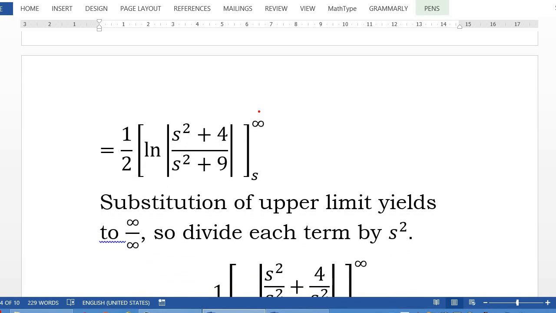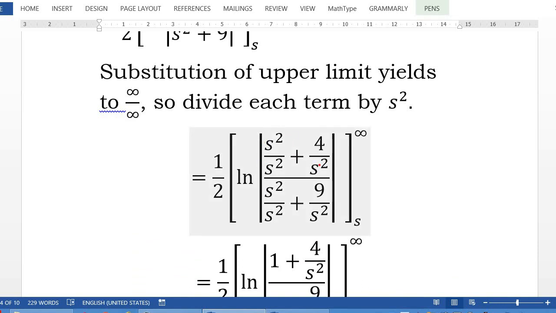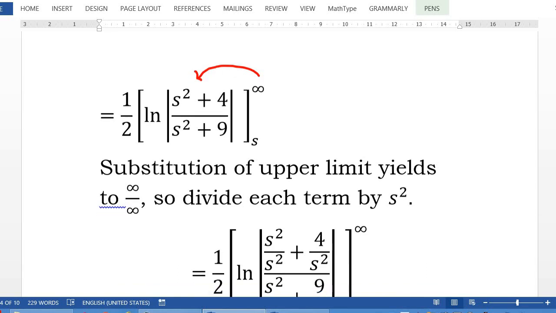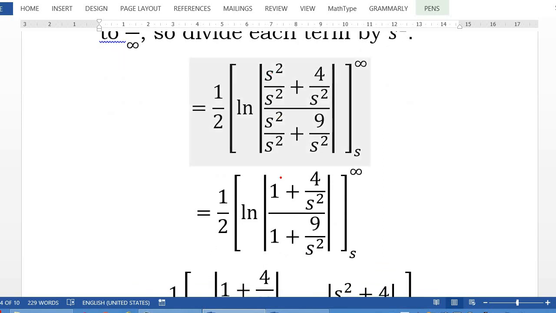Again, direct substitution into here for the upper limit, we are not sure what the limit result is because it's in the form of ln of infinity over infinity. Hence, we divide by the highest term, which is s squared, in each term inside the ln. So we divide by s squared each time. So s squared divided by s squared is 1, this is 1, so this becomes 4 over s squared, and 9 over s squared.